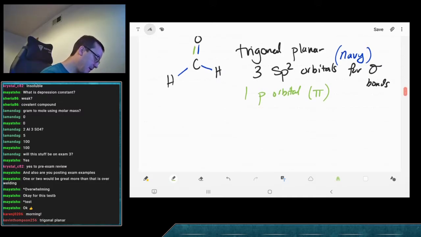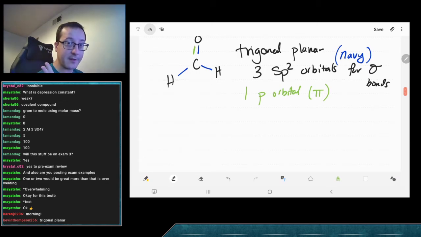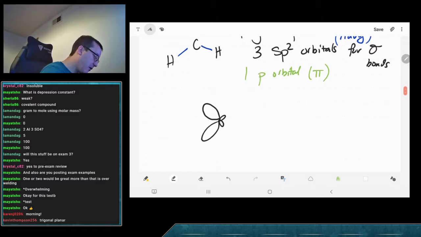Looking at this, if we were to try and draw this molecularly, I don't know how this is going to turn out, but let's see. If we think about carbon as this little dot here, we have a hybrid orbital going to a hydrogen, another hybrid orbital going to a hydrogen. So here are our hydrogens.